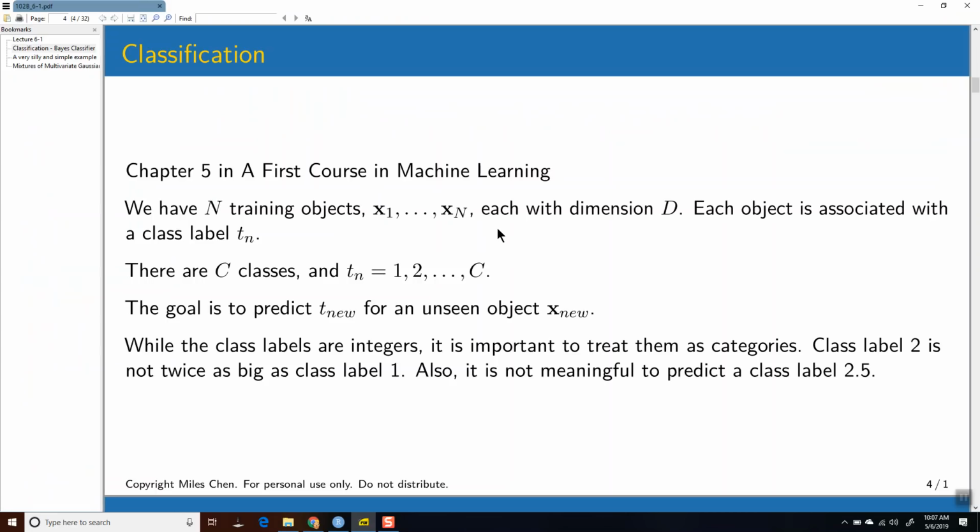And it's important to note that we treat these as class or category labels. So even though you might have class label 2 and class label 1, you can't treat class label 2 as being twice as big as class 1 or something like that, right? And it's also not meaningful to have a label like 2.5 because this is not some continuous scale. They are class labels, okay?